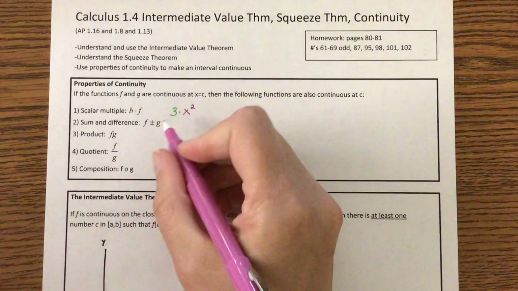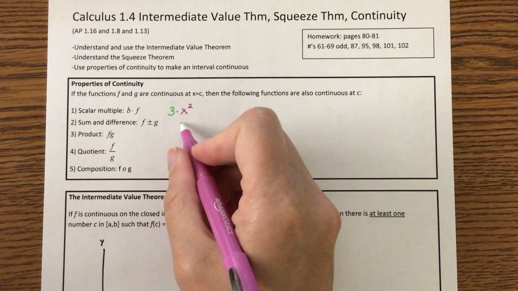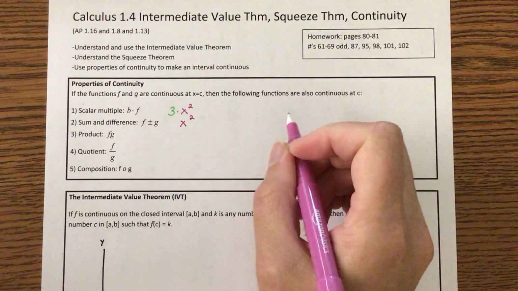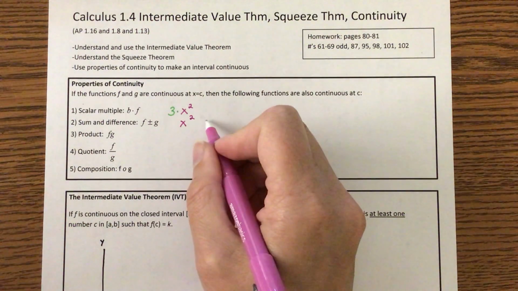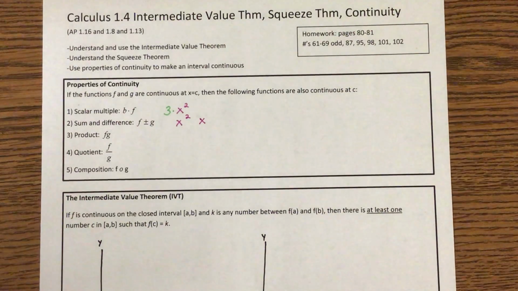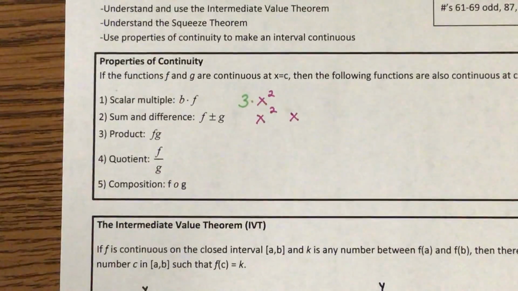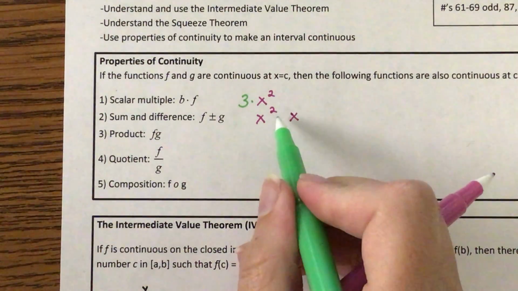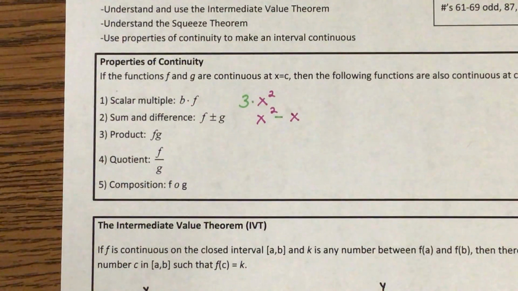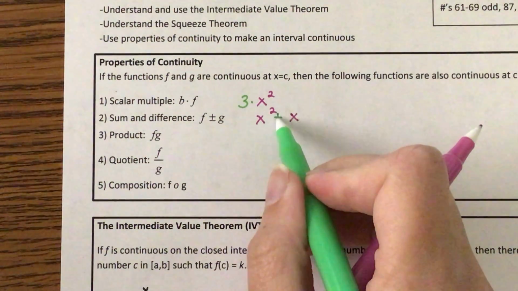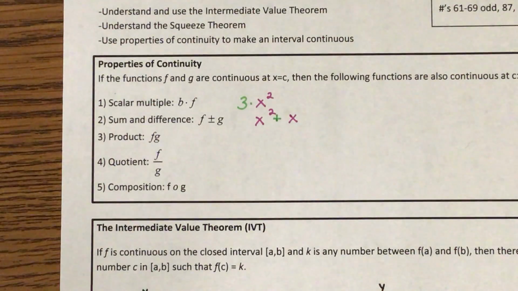All right, well, the next one, sum and difference. If we know that x squared is continuous, because it's a parabola, and we know that x is continuous, because it's just a straight line, we could also say that x squared minus x is continuous. So we could bring that together, and we could say that f of x plus g of x would be continuous.